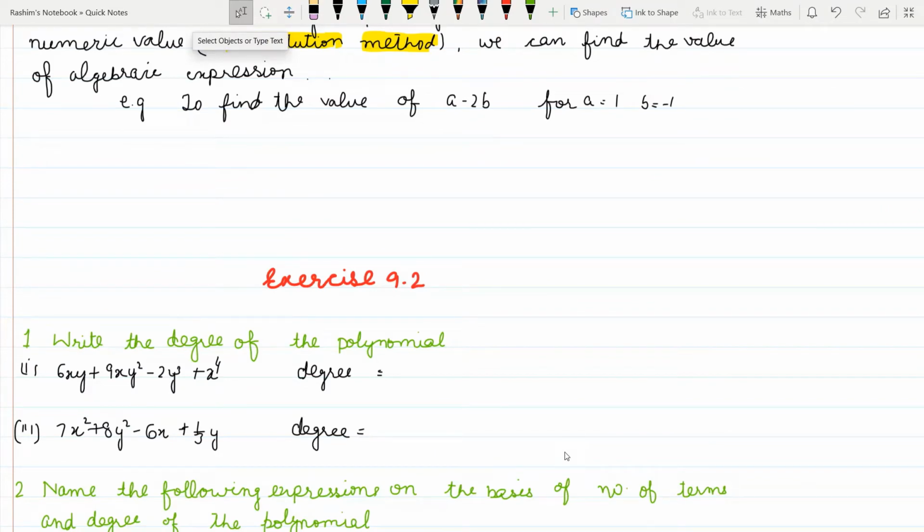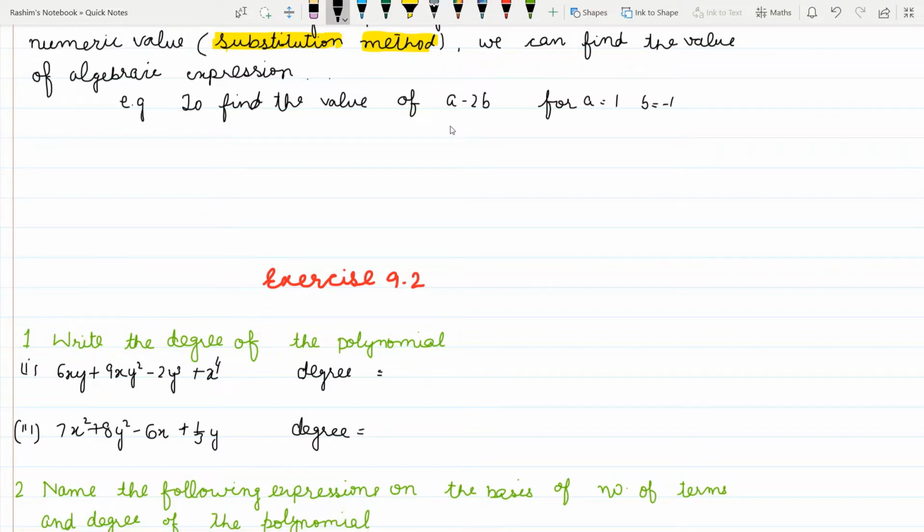Let us take this example: find the value of a minus 2b for a equal to 1 and b equal to minus 1. So here we will put these values of a and b in the expression. What is the expression here? The expression is a minus 2b.